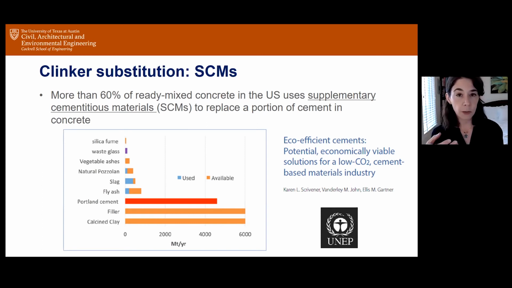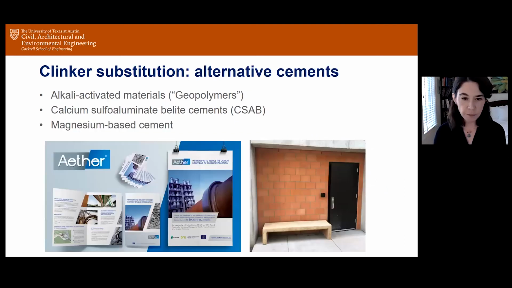Right now in the US, primarily the substitute material that's actually used is fly ash from coal burning. We know where that's heading. The industry is already investigating and developing substitute materials for the fly ash in order to continue this process of clinker substitution. So we use less cement in our concrete, we make less CO2.